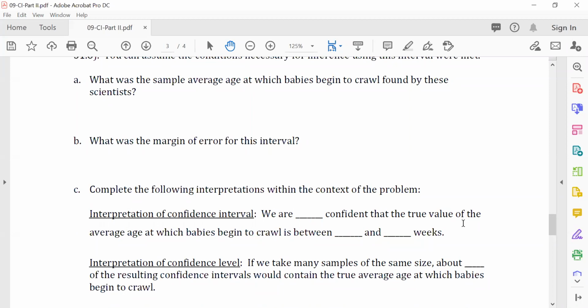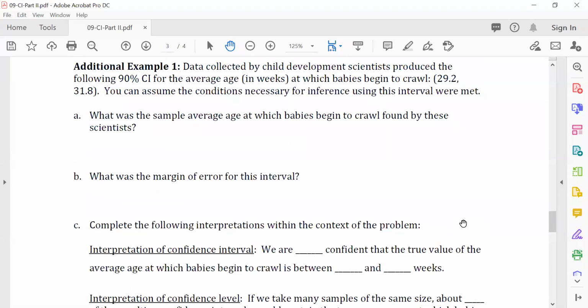For A, what was the sample average age at which babies begin to crawl? What did you guys get? I got 30.5. How did you get that? I took the average of the confidence interval bounds. That's correct.